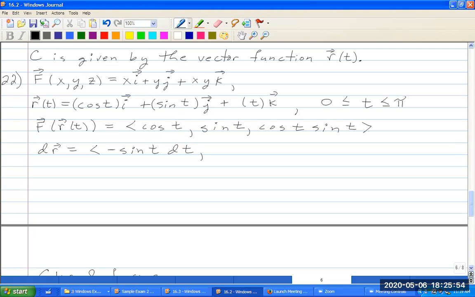Derivative of sine of t is cosine t dt. The derivative of t is just dt. Okay, and so this is equal to minus sine t, cosine t, 1 dt.